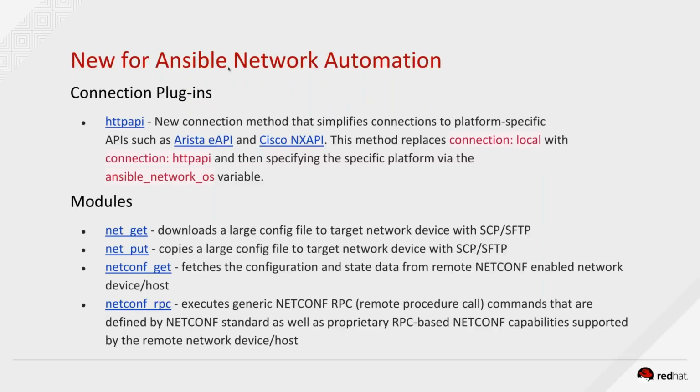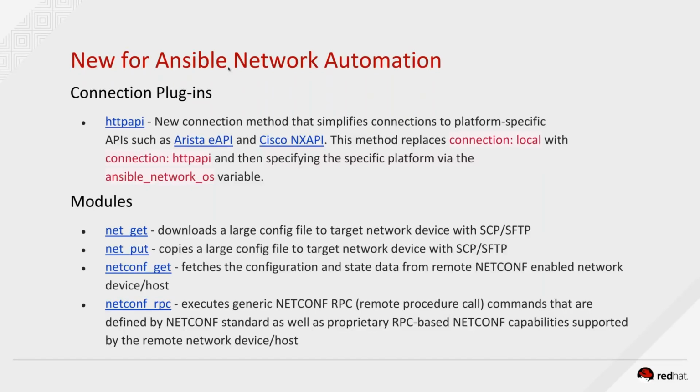This method replaces connection local with connection httpapi, and we are making these connection plugins for network devices first-class citizens. You might have seen that we've added connection netconf and connection network_cli as top-level first-class citizen connection plugins for networking. So this is a new addition for those that have APIs where you need to connect to platform-specific APIs. This is the correct method.